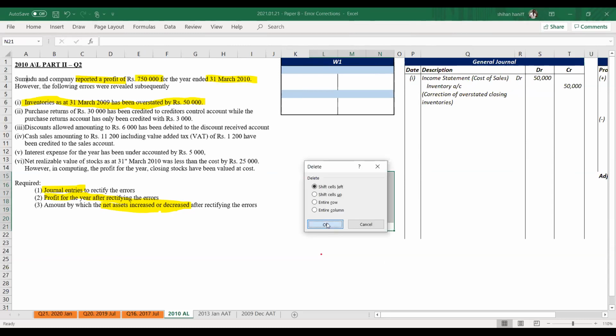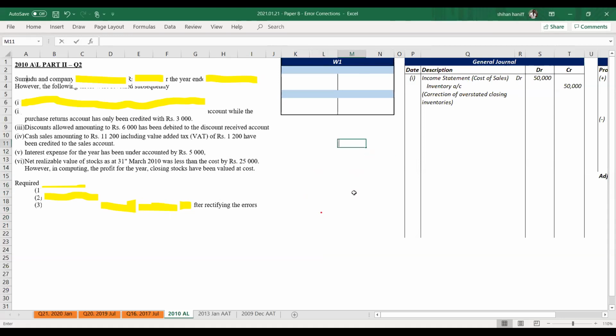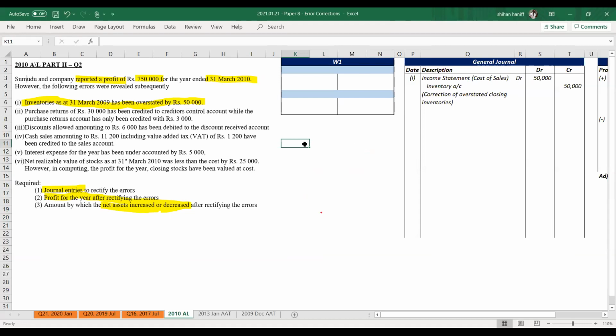What has happened is in recording the closing stock. What is the closing stock double entry? Closing stock double entry is stock account debit, cost of sales credit. That's the double entry for closing stock.